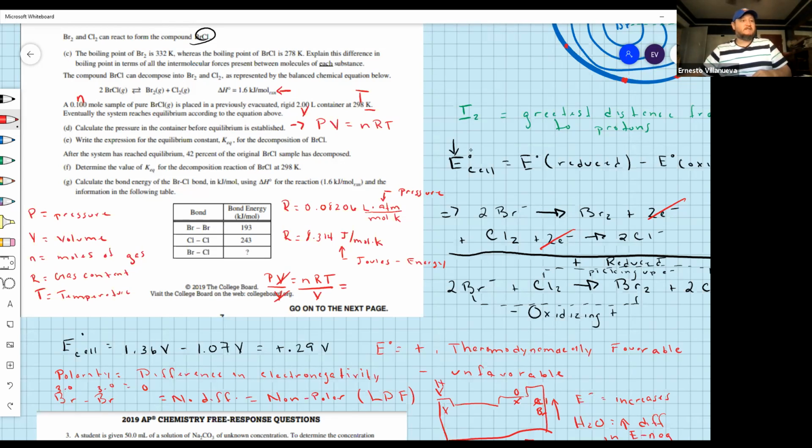If I divide both sides by the volume, then pressure is equal to the moles of the gas times the gas constant times the temperature, divided by the volume of the container in liters. Take a couple of minutes and tell me what you come up with.